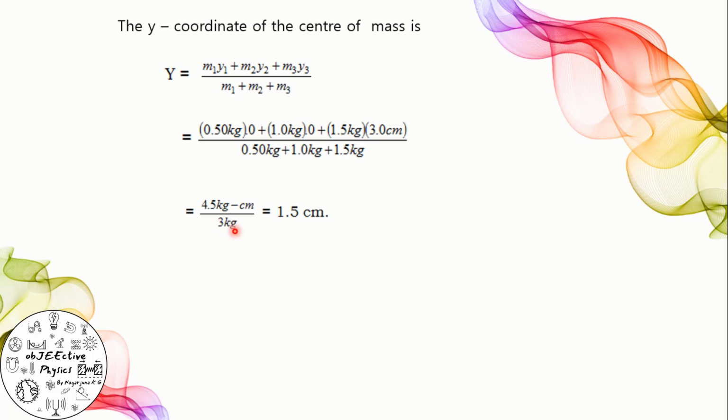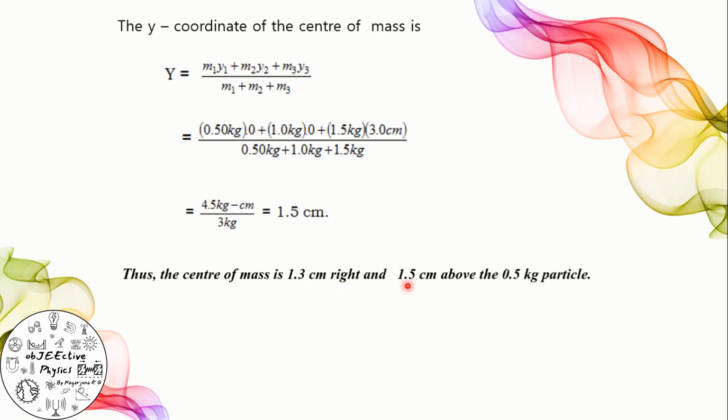Kg cancel. So 4.5 centimeters by 3 is equal to 1.5 centimeter. Thus, the center of mass is 1.3 centimeter right and 1.5 centimeter above the 0.5 kg particle.